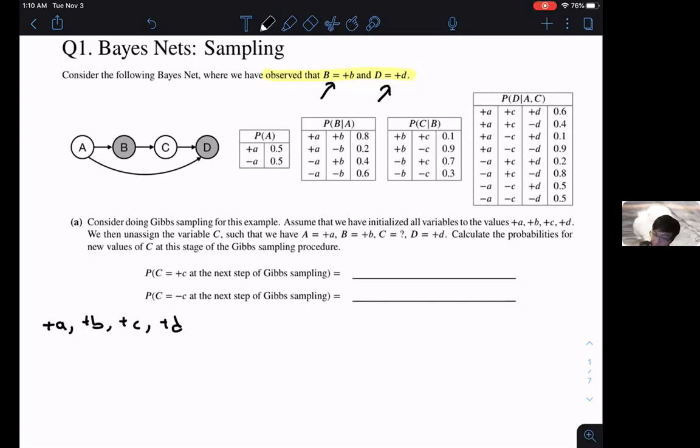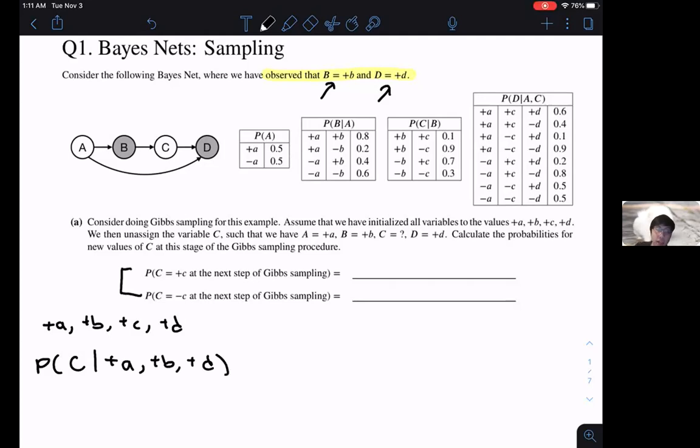For example, if this is our sample and our goal is to unassign the variable C and resample it, what we're essentially trying to compute is the probability of C given the rest of the variables in our sample. In this case, we have A, B, and D, assigned to plus a, plus b, and plus d. So I'm looking for C given plus a, plus b, and plus d. And we can see that this goes hand in hand with what we're trying to compute here.